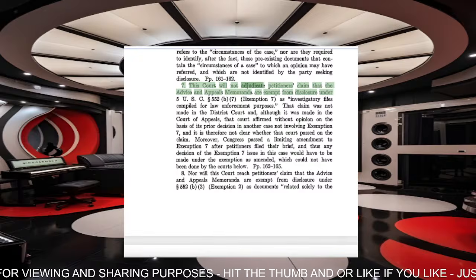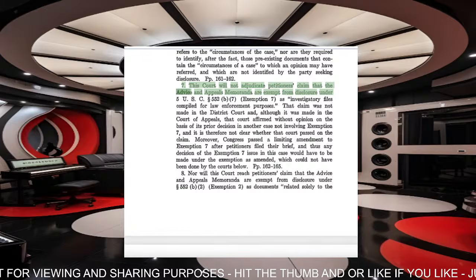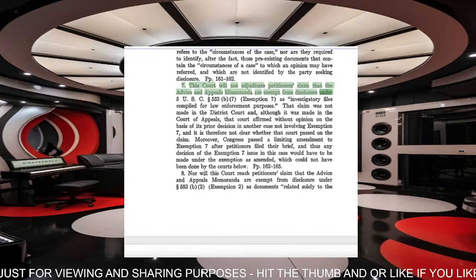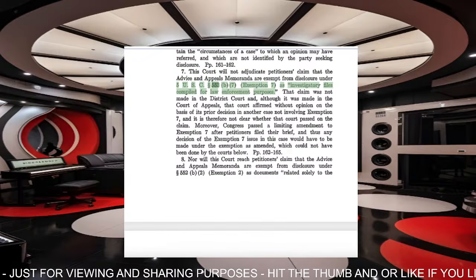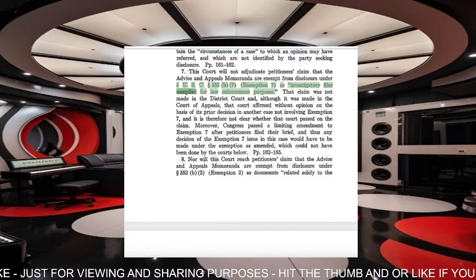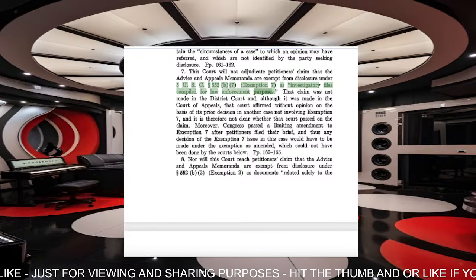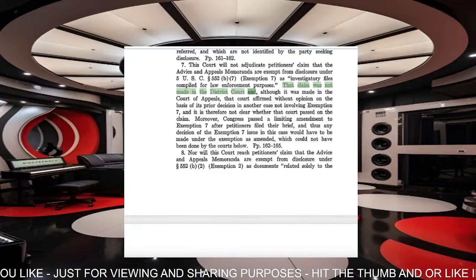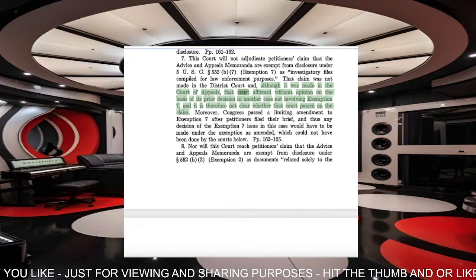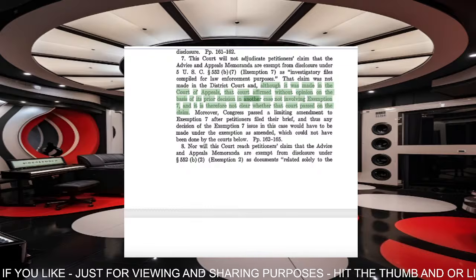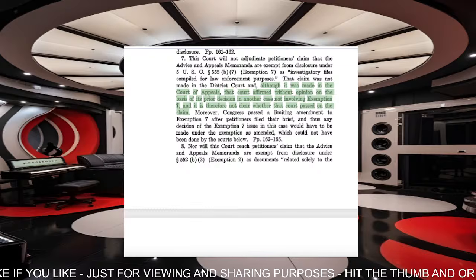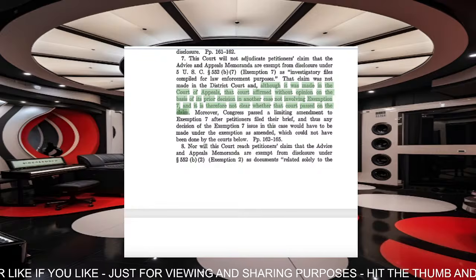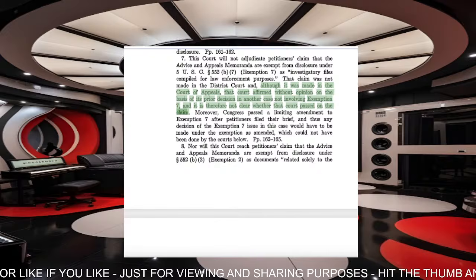7. This court will not adjudicate petitioners' claim that the advice and appeals memoranda are exempt from disclosure under 5 U.S.C. 552 as investigatory files compiled for law enforcement purposes. That claim was not made in the district court, and although it was made in the Court of Appeals, that court affirmed without opinion on the basis of its prior decision in another case not involving Exemption 7, and it is therefore not clear whether that court passed on the claim.